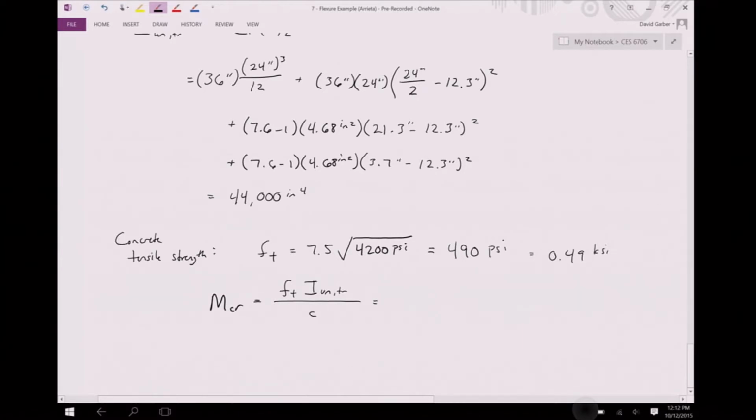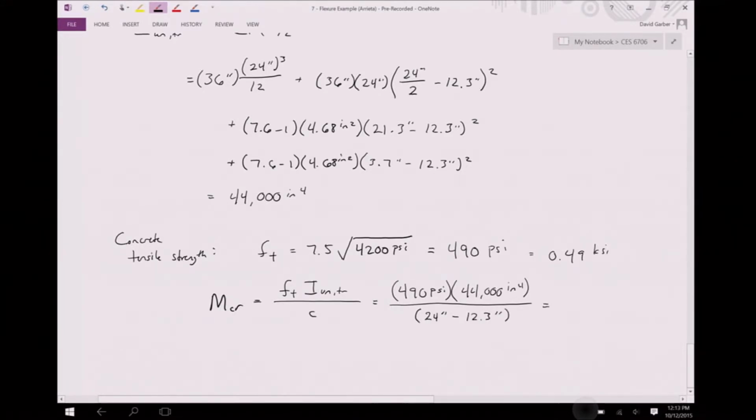So this will be 490 psi times 44,000 inches to the fourth over 24 inches minus 12.3 inches.